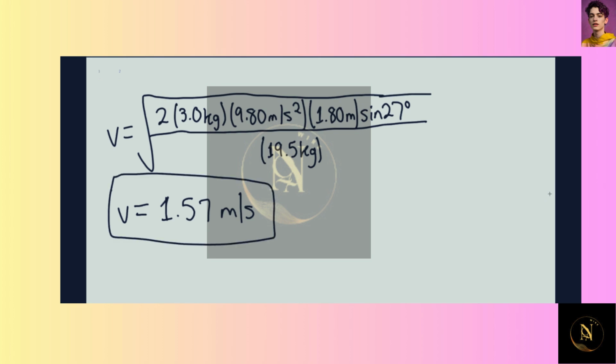Now, for part B, let's draw the diagram. We can say that this would be the block. Perpendicular to the surface of contact would be force normal sub 1.